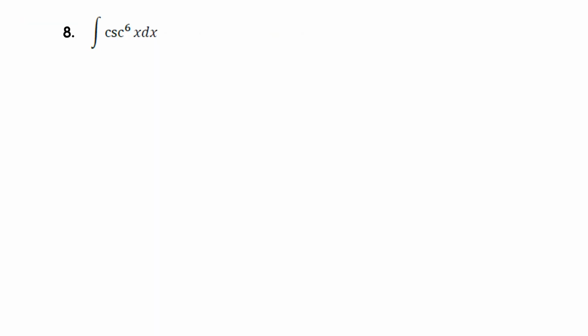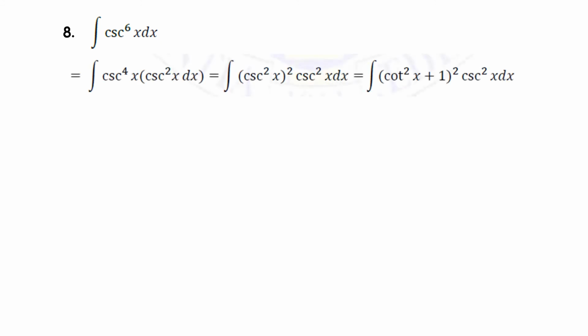Let us have an example. If we have the integral of cosecant raised to 6 of x dx, we will factor out the cosecant squared x dx. We will do it one at a time, step by step. So that cosecant squared x will be transformed into cotangent squared x plus 1, which you can see here in the first line of solution.